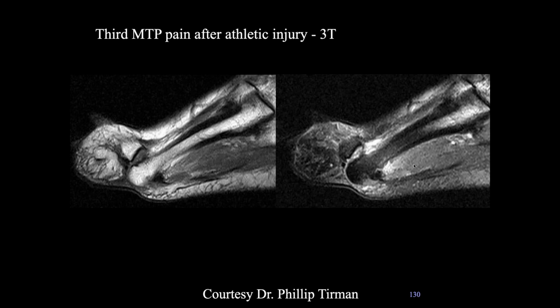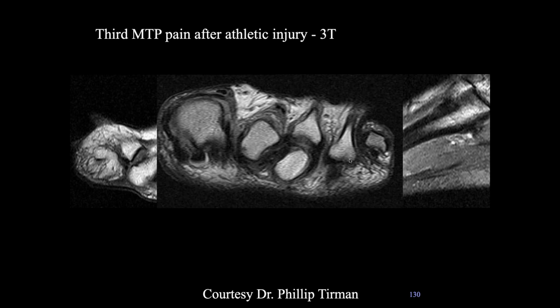Alright, so we have third MTP joint pain after athletic injury. We have two sagittal images of the forefoot, and it looks like there's dislocation of the proximal phalanx of the third toe relative to the metatarsal head, and I do not see that plantar plate very well.